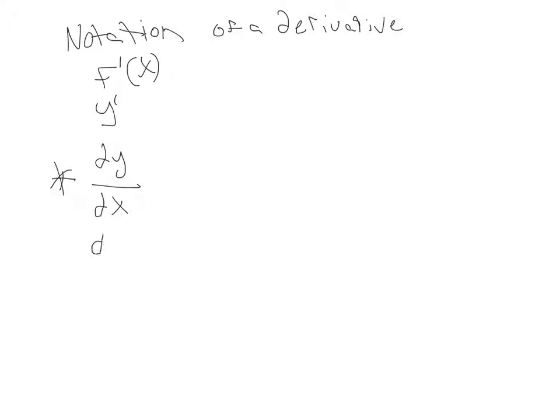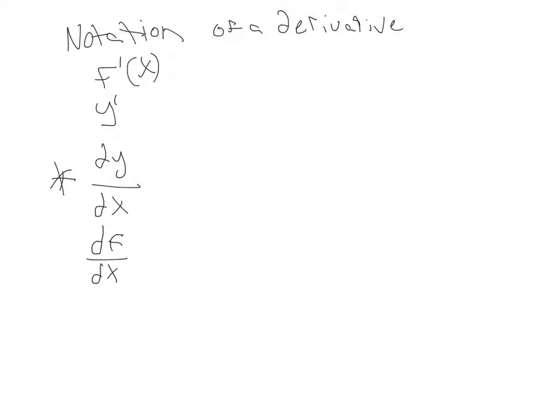df dx. Believe it or not, I've never seen this one before, but it is one that works, but you'll probably not see it either, not in our textbook. df dx simply reads, again, the derivative of f with respect to the variable x.